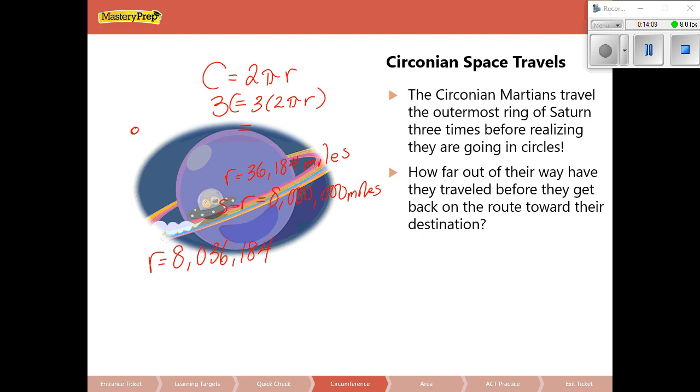So, the circumference that we're going to need is, well, 3 times, because they went around 3 times, 2 times pi times our radius of 8,036,184.